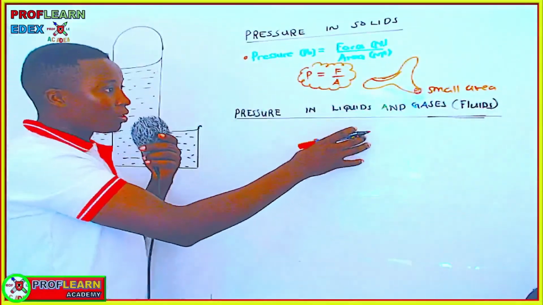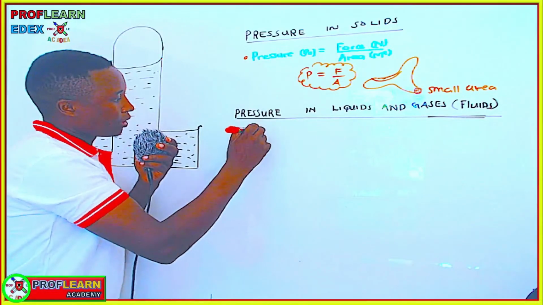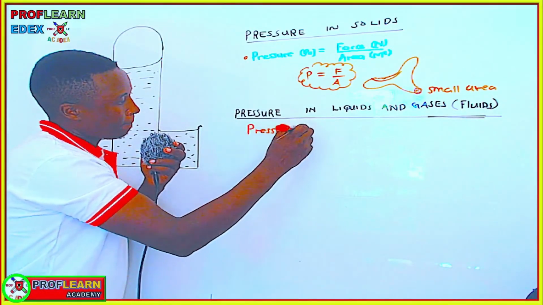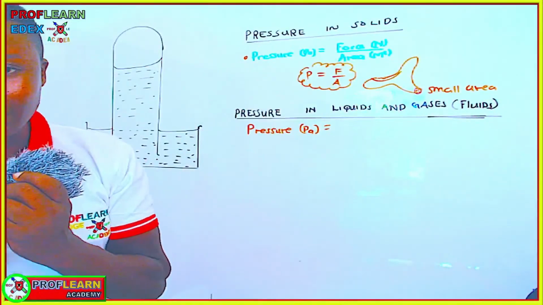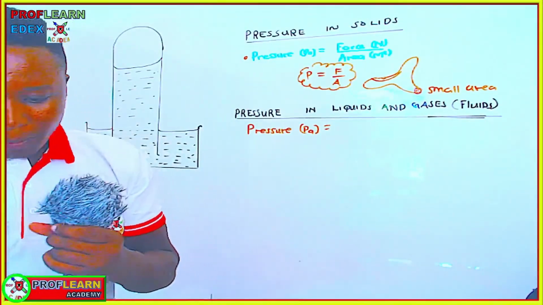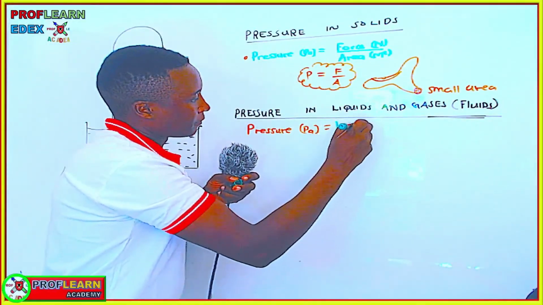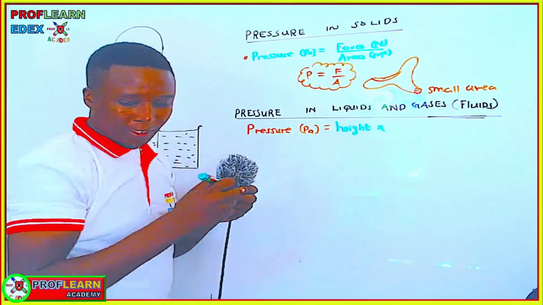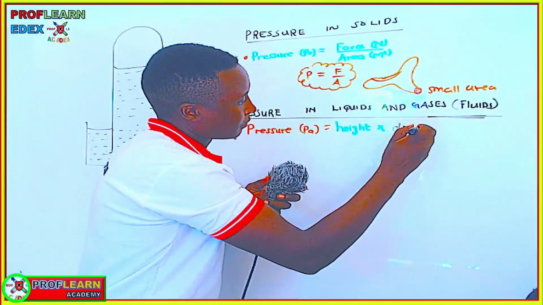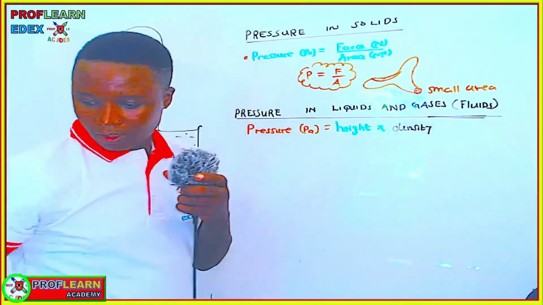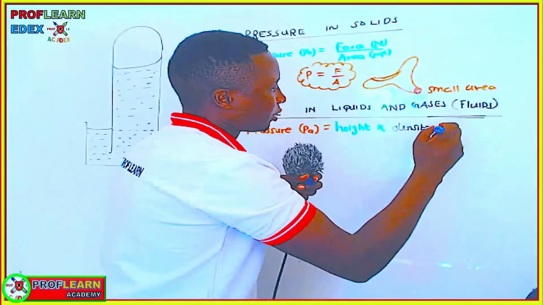Now, pressure in liquids depends on other factors. Pressure in pascals is given by the formula: how do we calculate pressure in liquids? It is the height times the density of the liquid, multiplied by the gravitational field strength.